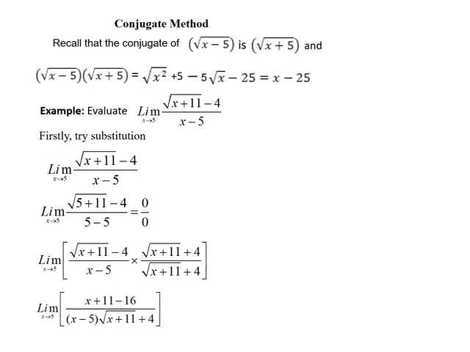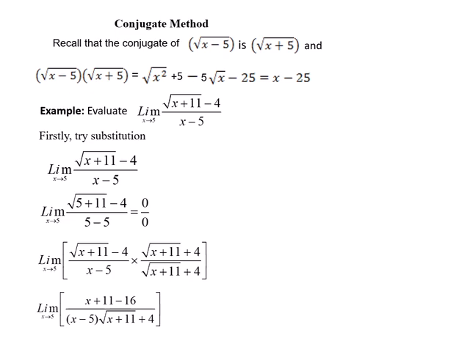Let us now look at this example where we have the limit of square root s plus 11 minus 4 all over s minus 5. Looking at it here, the square root does not cover everything in the numerator, it only covers s plus 11, excluding the minus 4. First, you apply direct substitution.